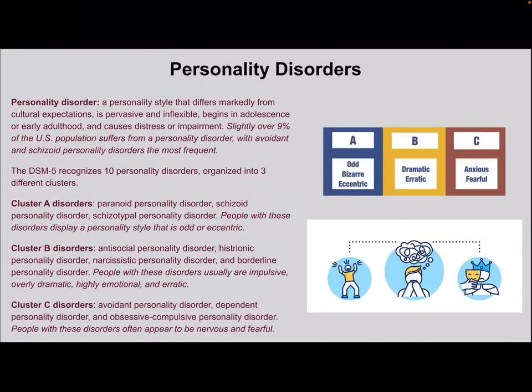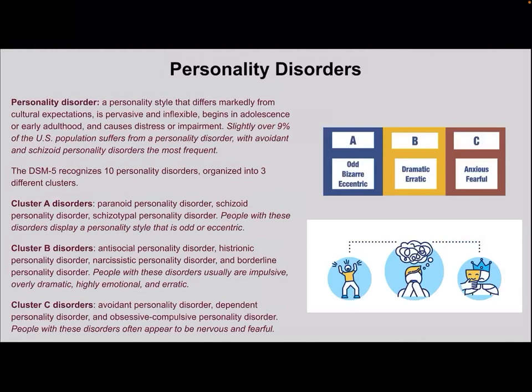So it differs markedly from cultural expectations, pervasive and inflexible. So the person's not able to change this aspect of their personality to get along better with other people. It can cause disturbances in their life, because remember, in order to be diagnosed with any of these things, the person would need to have that harmful dysfunction, right? That it would need to harm them or other people in their lives.